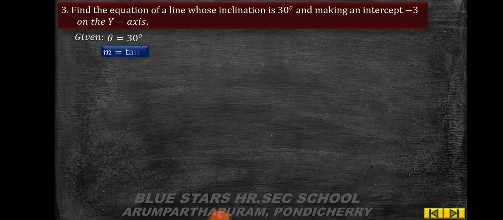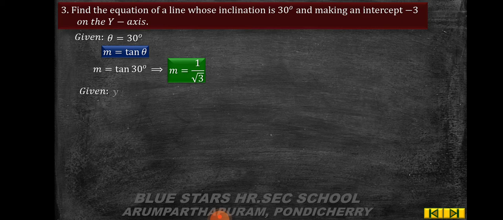And also the intercept, that is the y-intercept, is given as minus 3. You know theta is equal to 30 degrees. So m is equal to tan theta. m is equal to tan 30 degrees. The tan 30 degree value is 1 by root 3. So the slope m is equal to 1 by root 3.